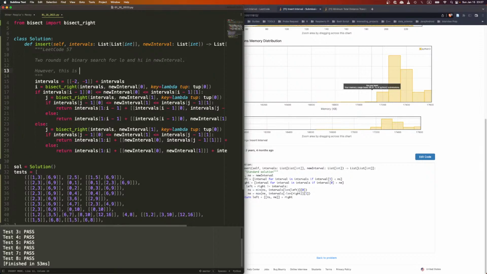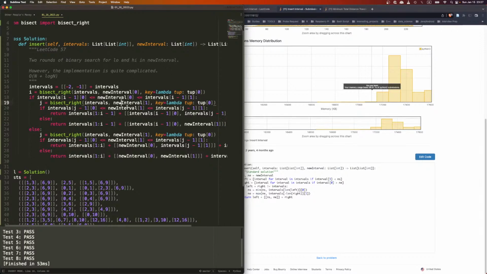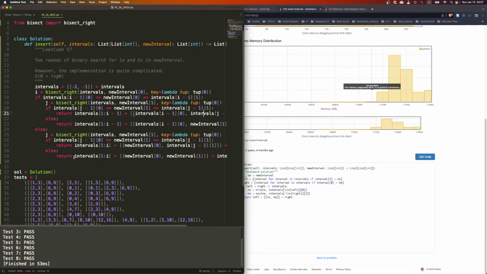However, this is not the implementation, right? The implementation is quite complicated. O(n) plus log n. This is O(n), this is log n.